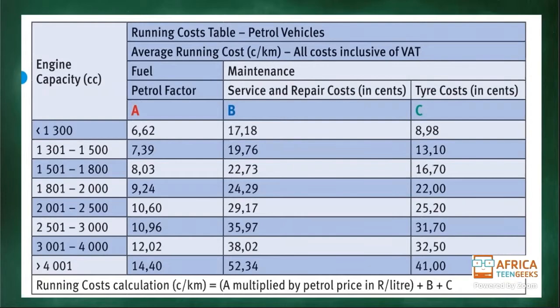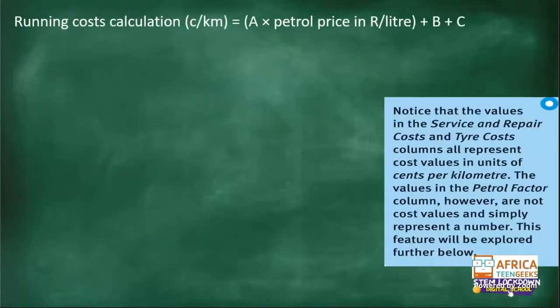Without any waste of time, I just want to show you the formula to calculate the running costs of a car per kilometer. We also call it the cost per kilometer. You can see the C there stands for cost, and then per kilometer.